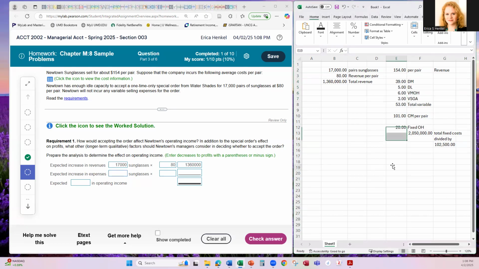Oh, yep. And then, okay, sorry. So this portion right here is our additional manufacturing costs, but because this is a special order, in theory, we wouldn't have any variable selling expense on this.